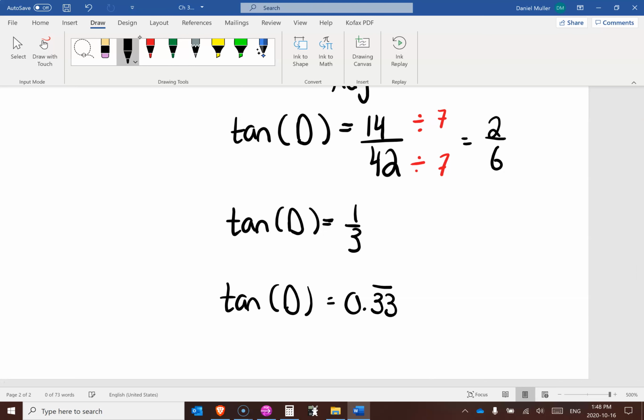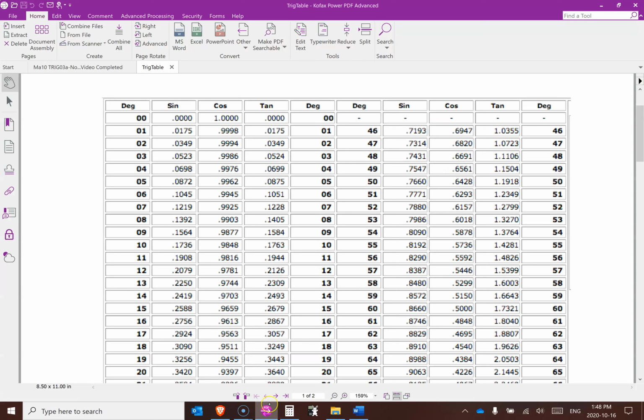And 1 over 3, you should know, is 0.33 repeated. Now the nice thing about the chart is you're trying to find the angle, so we can just work backwards. We can look at the body of this thing and look for 0.333 anywhere for tangent. So it's right here and here. It looks like it's pretty close, halfway between 18 and 19, so I might say that's 18.5.